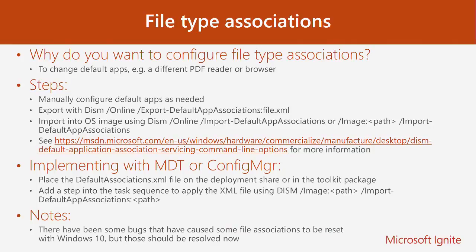Assuming you're not running into some of the bugs that we had in early Windows 10 releases, it'll pick up that set of default associations. They'll be used as the default when new users sign in. The only gotcha would be if you wanted to change one of those defaults after the user signed in, because the only way that can be done is by the user themselves or via group policy. You can push out a GPO with a separate XML file saying, here's the associations that I want.